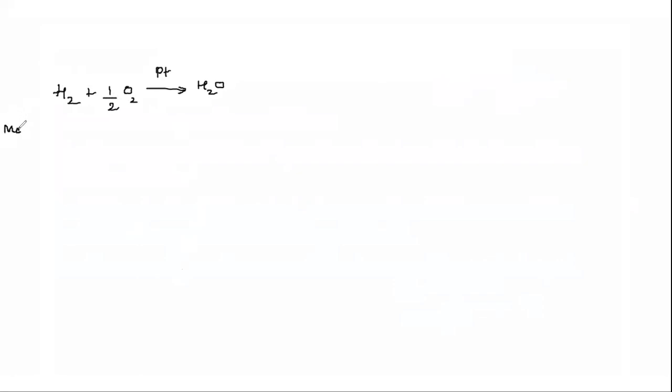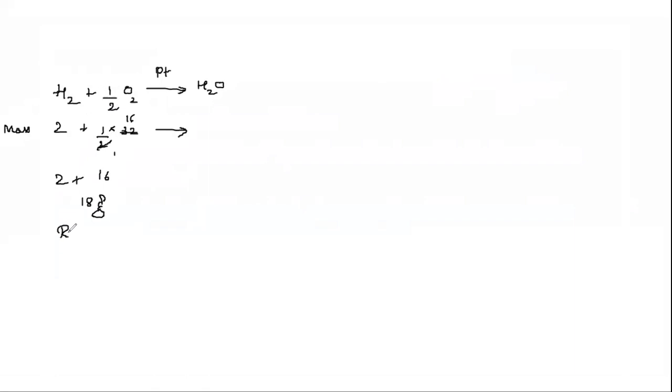By mass, the mass of a hydrogen molecule is 2, plus half of oxygen's mass, 16 into 2 is 32, so half is 16. So 2 plus 16 becomes 18 grams of mass of reactants.